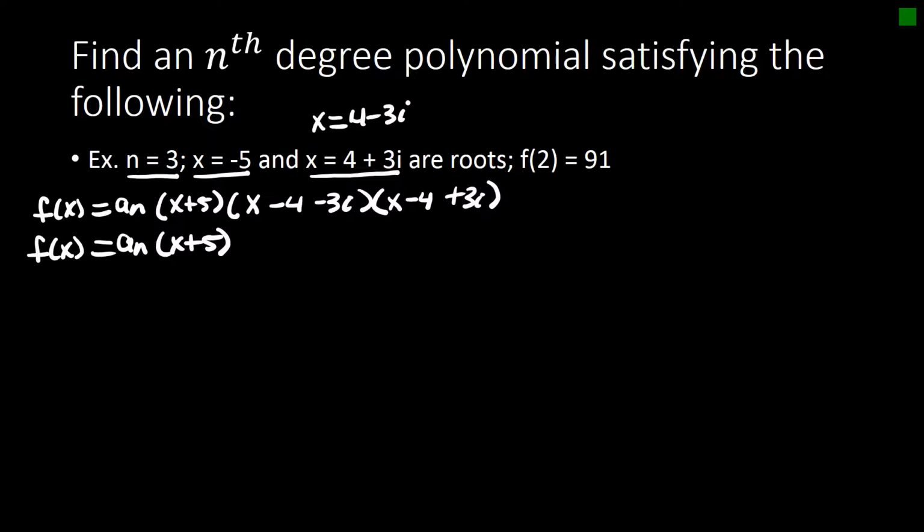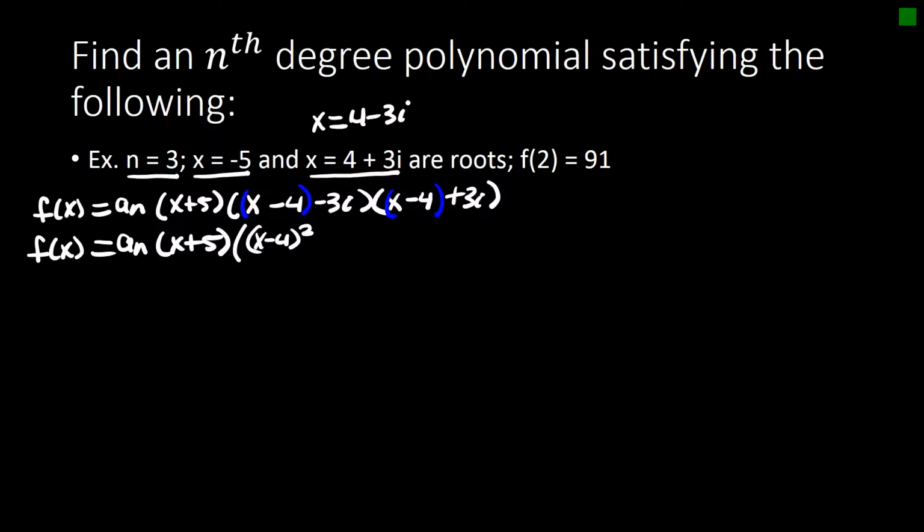And what we're going to do is group our x minus 4 together as our first terms. And then we're going to look at the i portion as our second term. So x minus 4 times x minus 4 is x minus 4 squared.